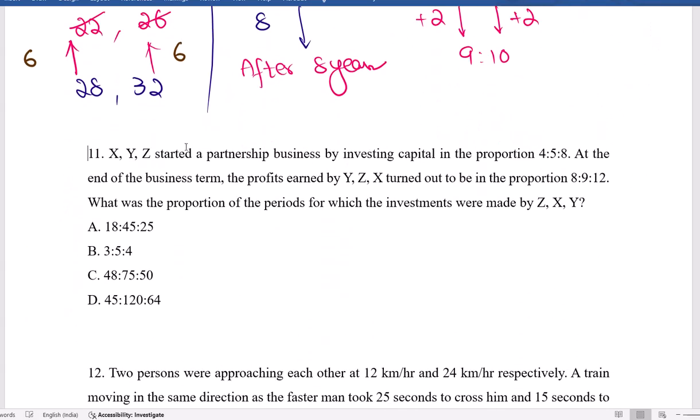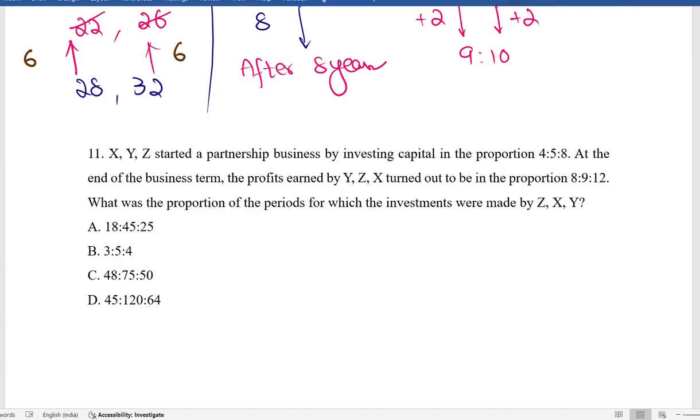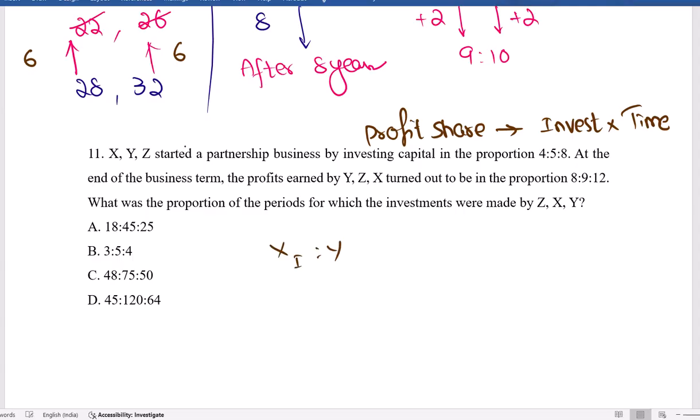Partnership related question, previous one ages or ratios related, now partnership. Very important thing you have to observe is, profit share depends on investment into timing, agreed. But here ratios are given in a different way. This is XYZ investment. XYZ investment is 4, 5, 8.